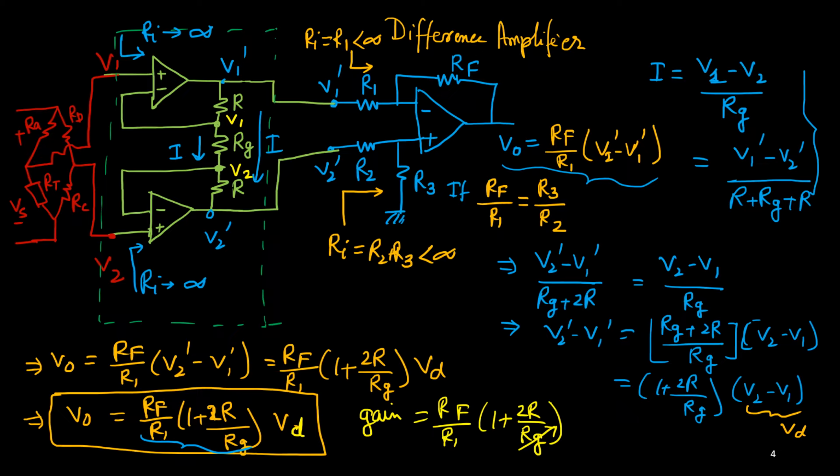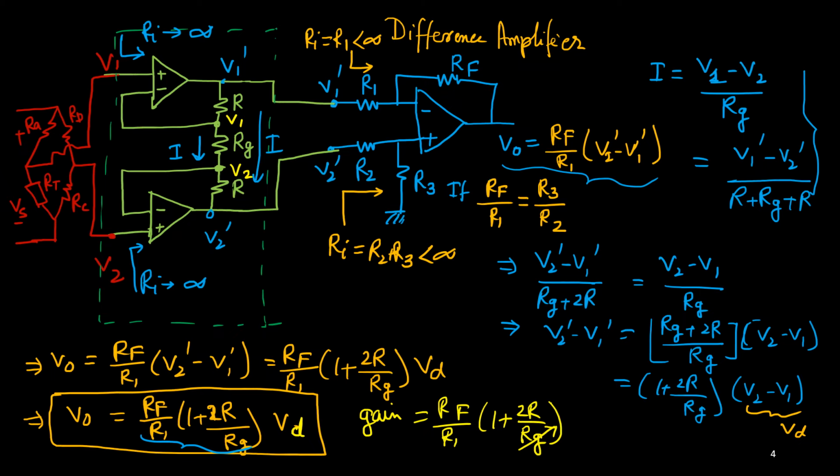Next class I'll discuss the CMRR, common mode rejection ratio. That is one important concept, because here we have said that we want to reject the common mode voltage. In a practical circuit, I have said that R1, Rf and R2, R3 should be perfectly matched, but it is very difficult to get an exactly matched ratio, because Rf by R1 should be equal to R3 by R2.